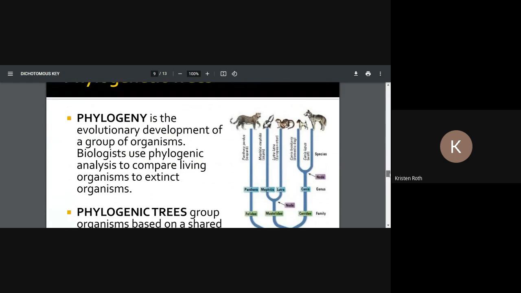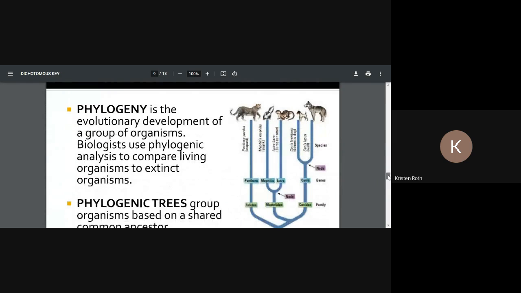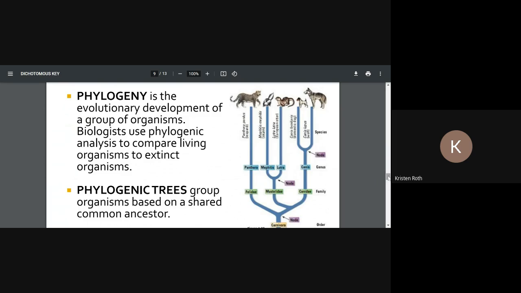All right. So these are phylogenetic trees. These were used more to find out our background, as in our ancestors. This is where these were developed. Phylogeny is the evolutionary development of a group of organisms.